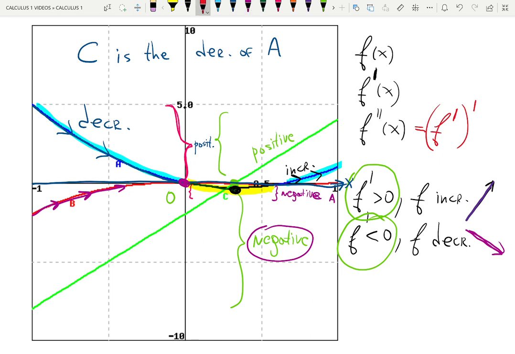Let's look at B. Maybe it's hard to see now because there are too many things happening. B is in red. It's going down. Here you go. It's going down, up until this point. And when the wave, that's how I like to see it, in blue, starts being positive because it goes higher than the x-axis, the original function there should be increasing.